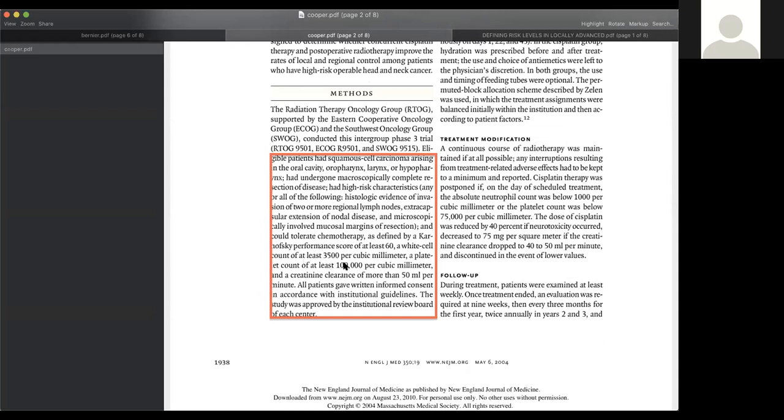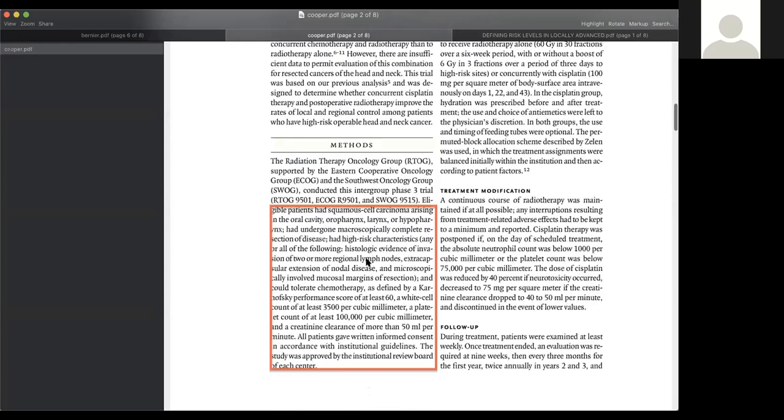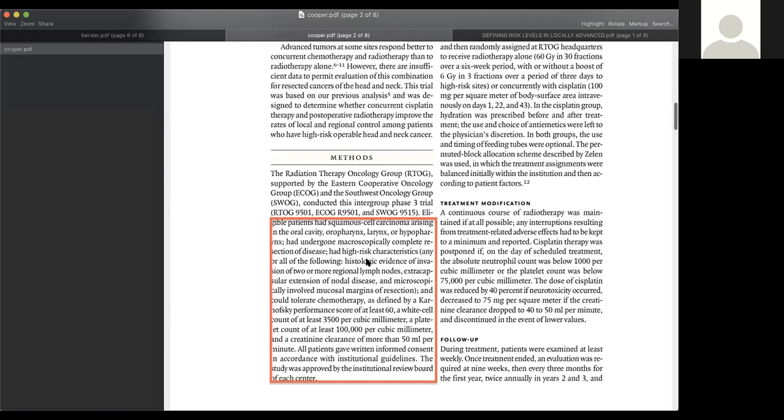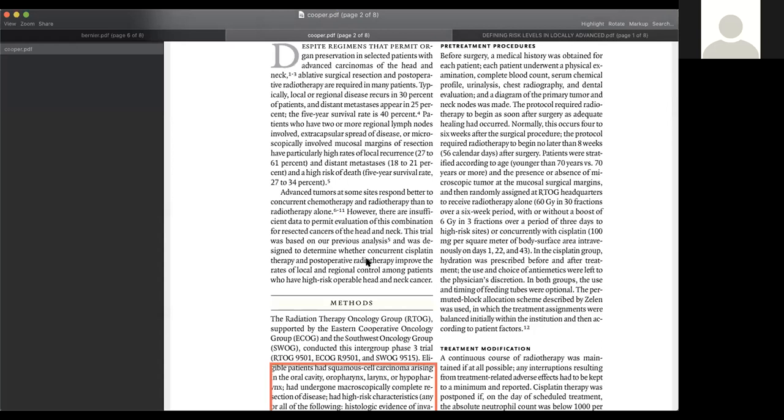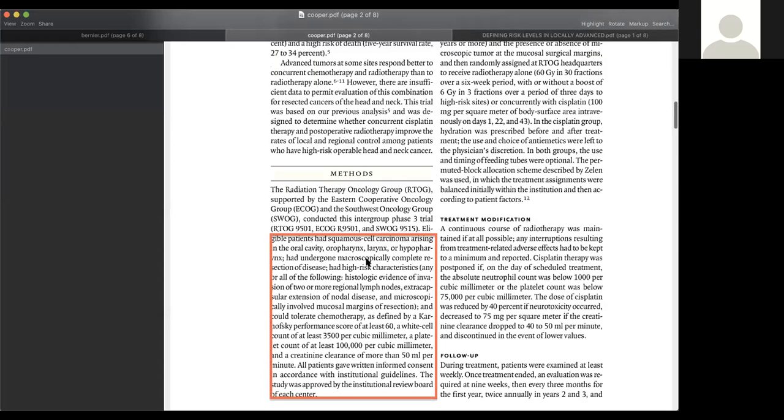Obviously the patients included had to be able to tolerate the surgery, the chemotherapy and the radiotherapy. That means they have to have a good creatinine clearance, a good blood count and hemoglobin, and so on. So they had good exclusion and inclusion criteria, and this is different from what Bernier's data had included.